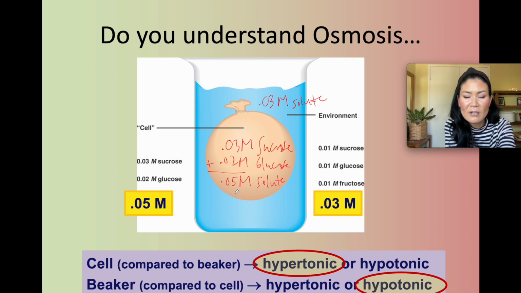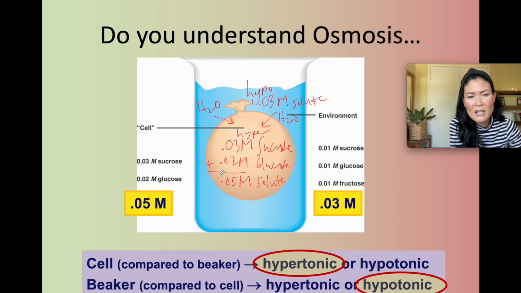Water, H2O, is going to end up going into the cell because it's hypotonic out here, where it's hypertonic inside. There's more solute inside, less solute outside. Water is going to move in to reach equilibrium.